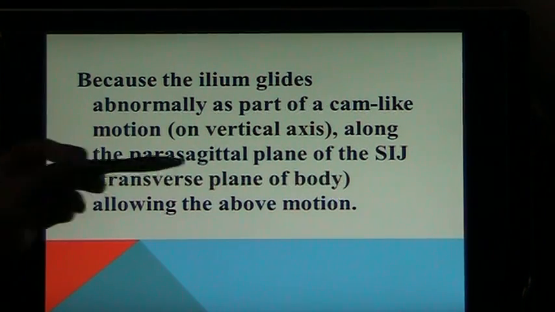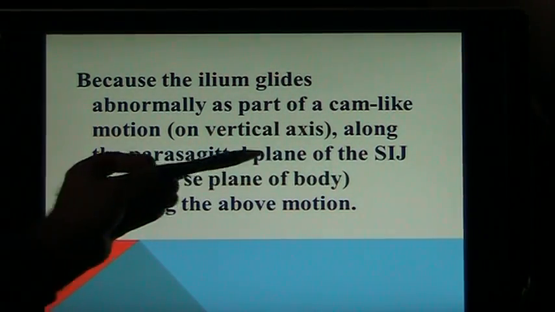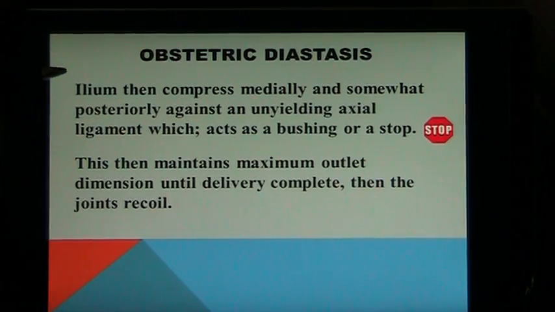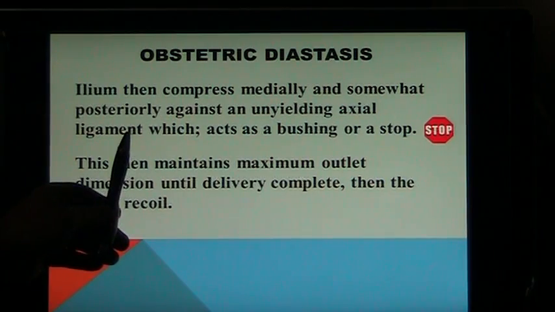It occurs along the parasagittal plane of the SI joint, which you could visualize in a transverse plane of the body, allowing the above movement. I know the biomechanical folks would get in trouble with those two sentences being connected, but I'm going to ignore that for now. The ilium then compressed medially and somewhat posteriorly against an unyielding axial ligament.